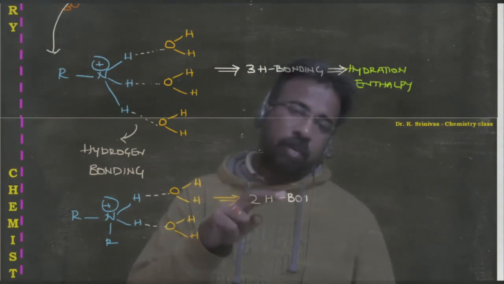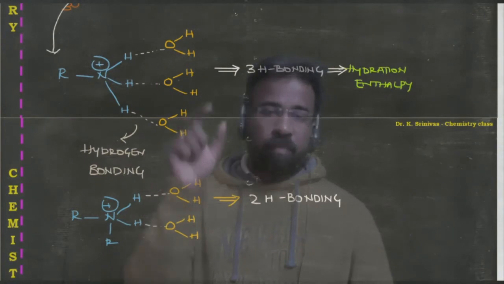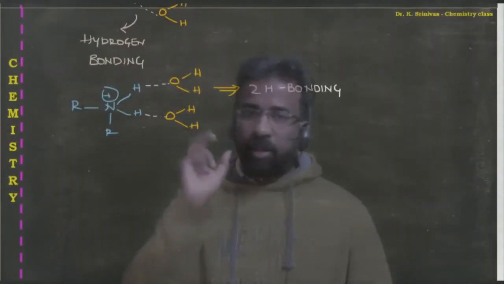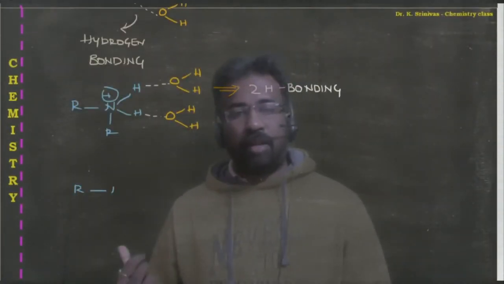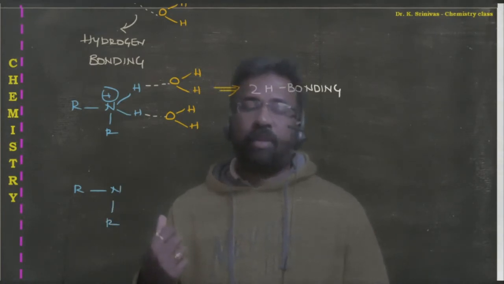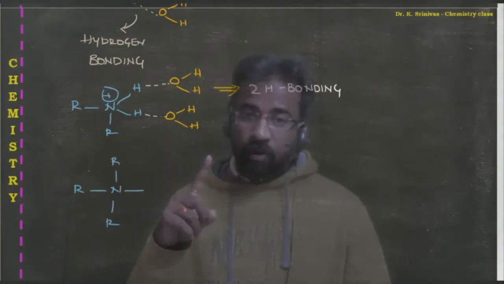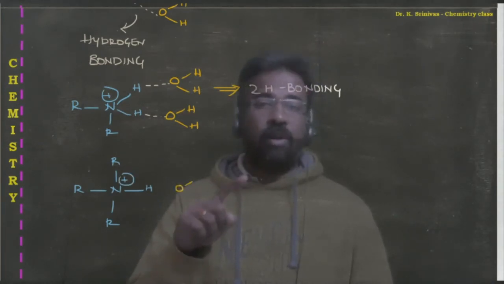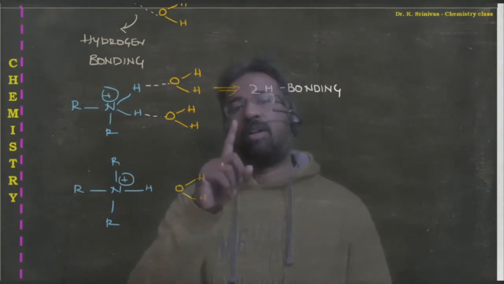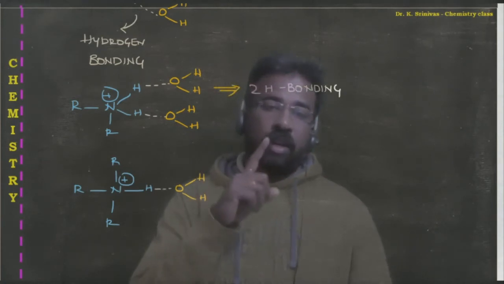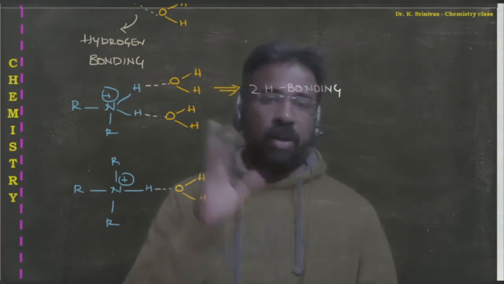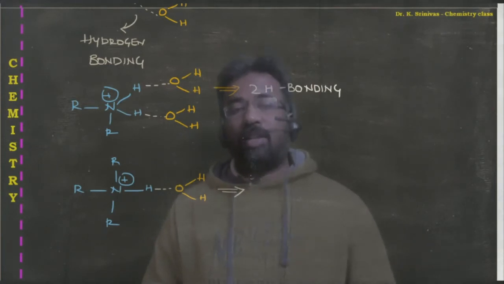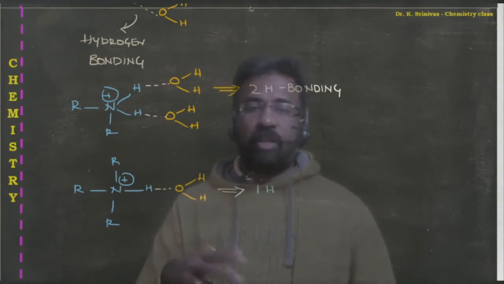Hydration enthalpy. But the energy compared to the first one is a little less. Similarly, for the tertiary, we have one hydrogen, which is involved in hydrogen bonding with one water molecule. So we can write one hydrogen bond here.